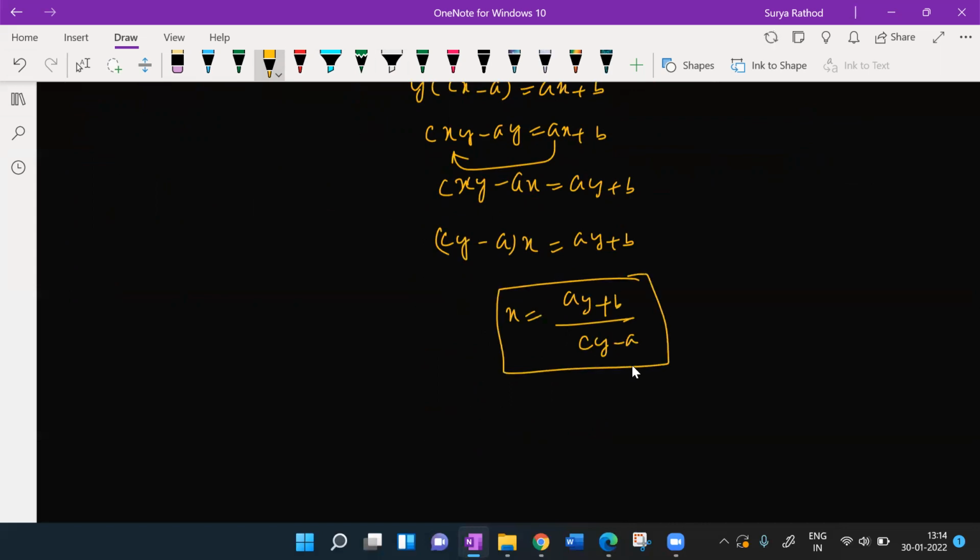I have y value and x value both. So what do you mean by inverse function? Inverse function is about f inverse of something, right?